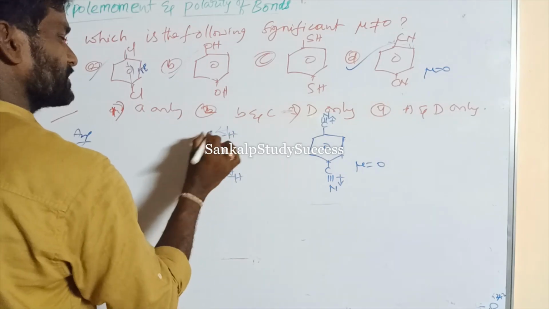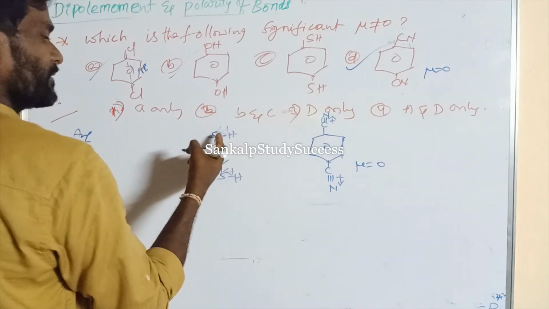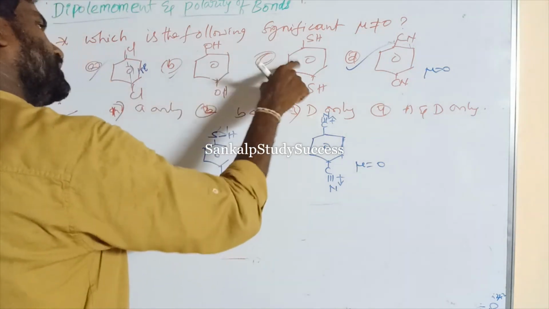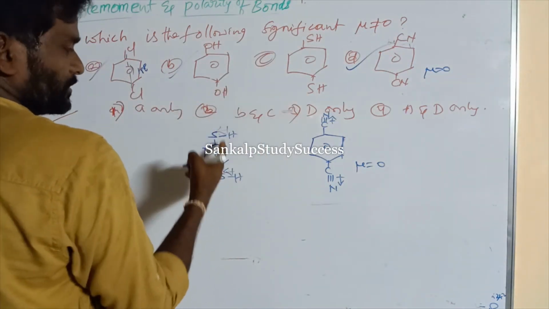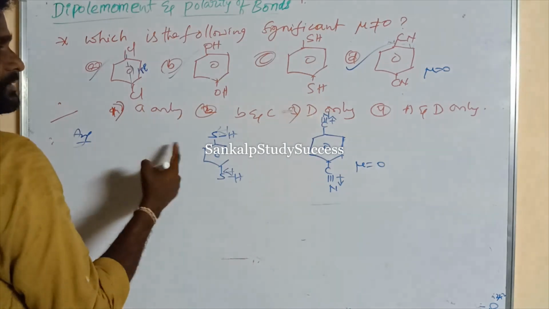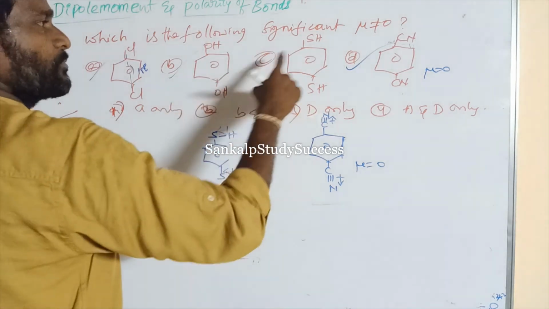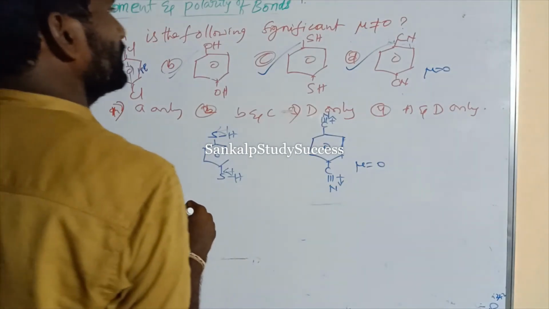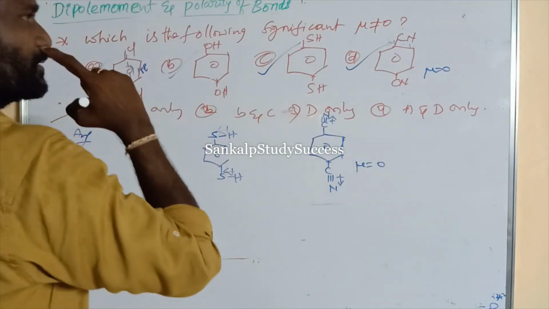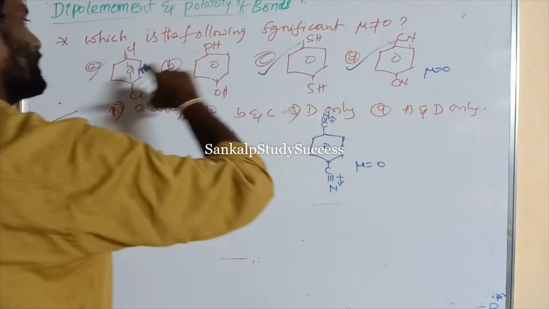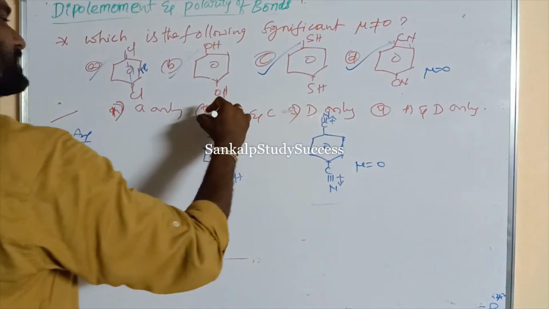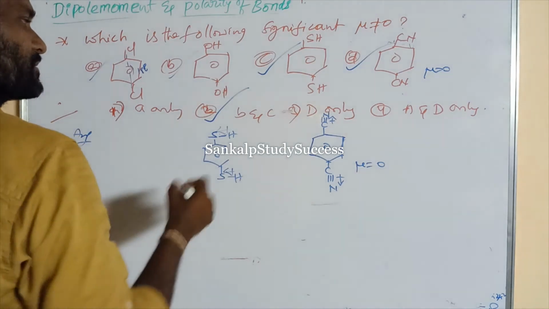Right, the electronegativity of sulfur is more than that of hydrogen. So both directions are present in one way, and its dipole moment is also not equal to 0. So B and C have non-zero dipole moment, and A and D have 0 dipole moment. What is the answer? B and C. So this is the second answer.